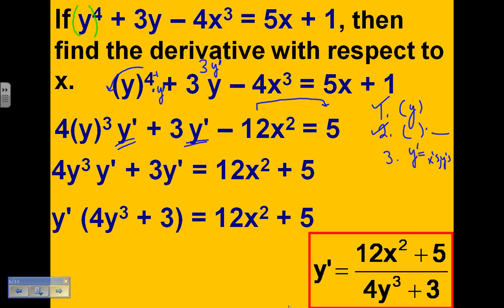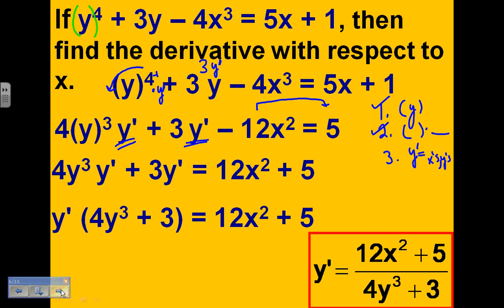That is the y prime. Okay? Excellent. Now, since this is an implicit equation, you're going to have an implicit derivative. Okay? We talked about that. Implicit derivative from an implicit equation.